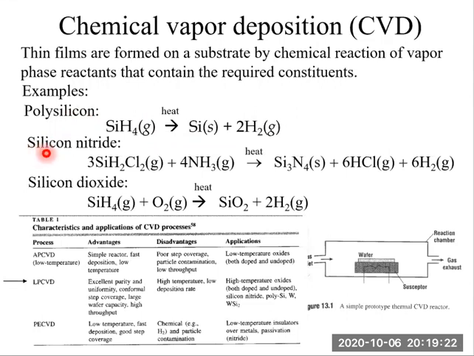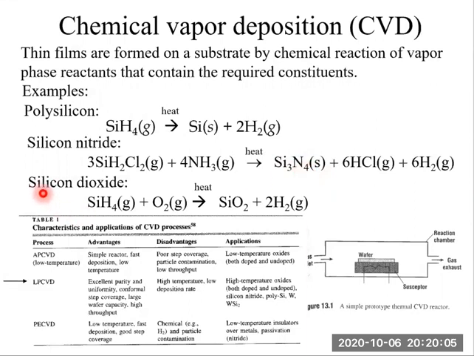Another example is a silicon nitride thin film. This thin film can be prepared using dichlorosilane, silane with 2 hydrogen atoms replaced by 2 chlorine atoms. This gas reacts with ammonia. Both are vapor phase. They react to form silicon nitride thin film.